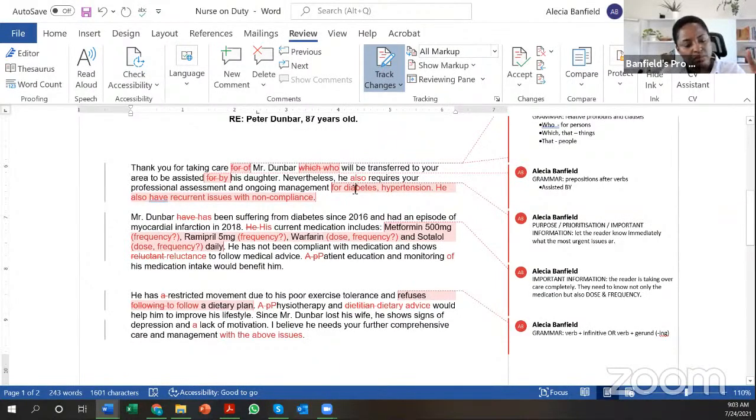With your purpose, give the highlights of what his issues are, so that picture is in the reader's head early. And when you're talking about your medication, if the reader has to be taking over care, they're going to need details.